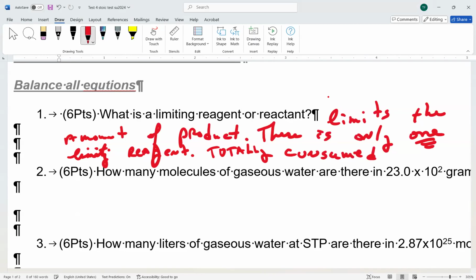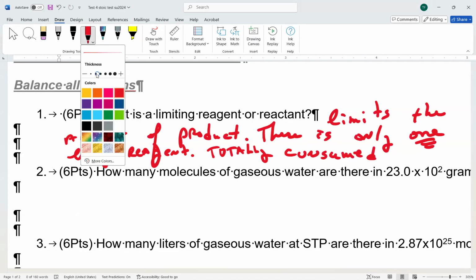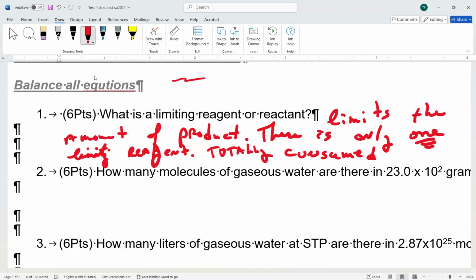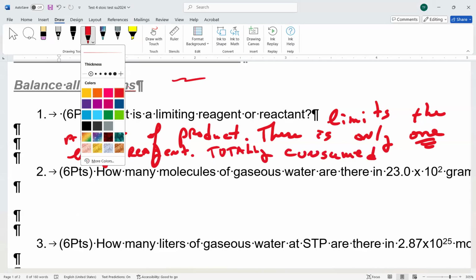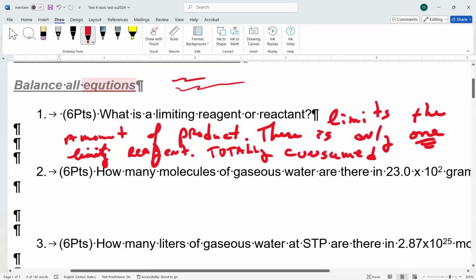It's also totally consumed, 100%. So what's in excess, only a percentage of it is consumed. That's step 3 when we go through that calculation.